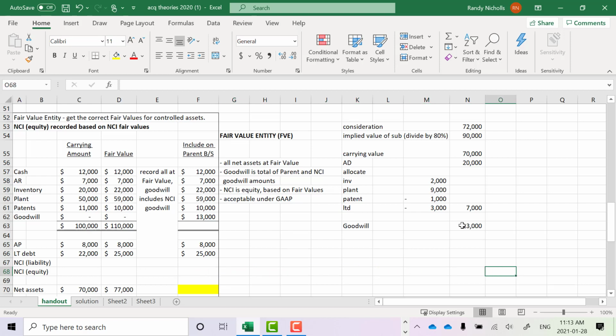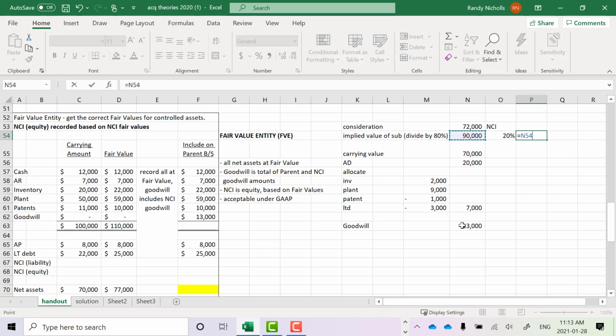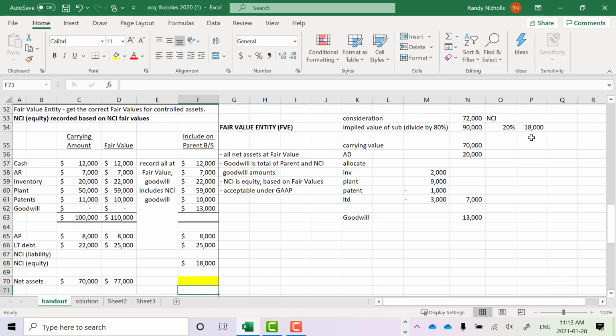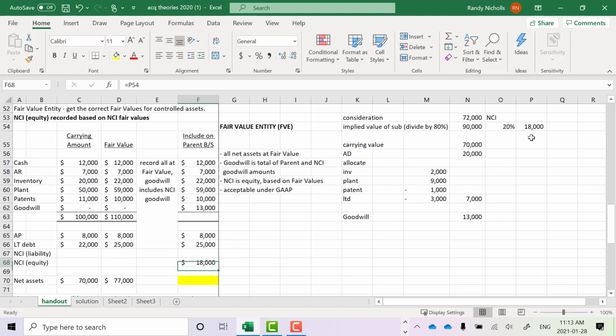And again, this is a little more straightforward, I think. We bought 80% of the company for $72,000. The NCI has 20%. So 20% of the $90,000 value of the company belongs to them. And let's see if this worked for us.